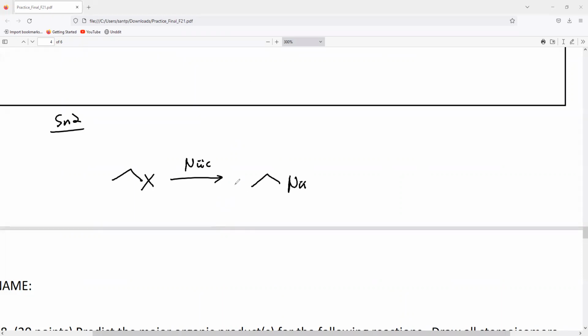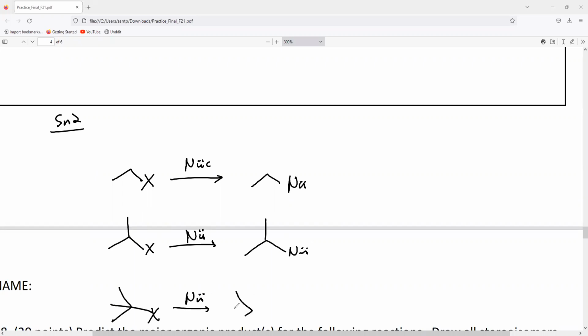Okay. So what are some qualities of this reaction that we need to know? Well, one really cool thing to know is that if I were to increase the sterics of this reaction, right, the rate of the reaction decreases immensely going towards tertiary. Okay, so this is the rate.